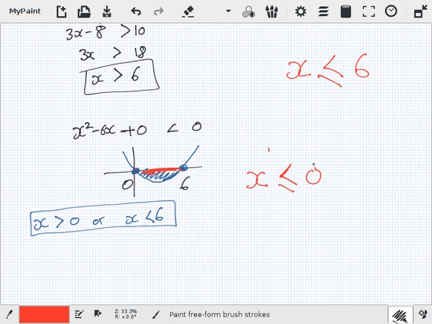What's it mean to be not between 0 and 6? It means to be smaller than 0 or greater than 6. Smaller than 0 or greater than 6.